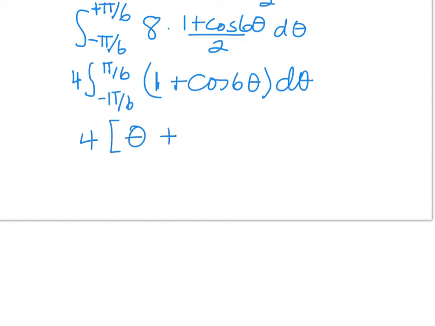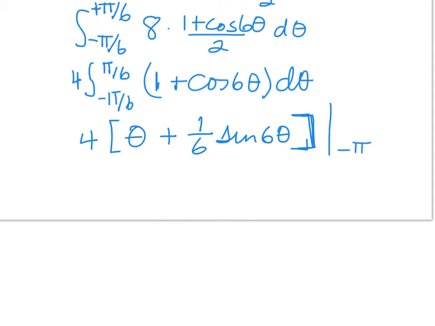When you integrate cosine of 6 theta with respect to theta, you get 1/6 sine of 6 theta plus an arbitrary constant, which we don't need. We do have limits of integration.